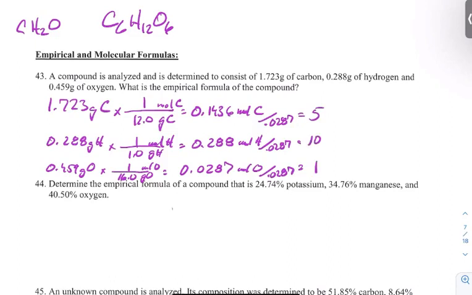Many of you can kind of see these without doing the math. But regardless, if I divide these out, I get 5 to 10 to 1. So what that means is my ratio is, for every 5 carbons, I have 10 hydrogens and 1 oxygen. So C5H10O. That is then my empirical formula.